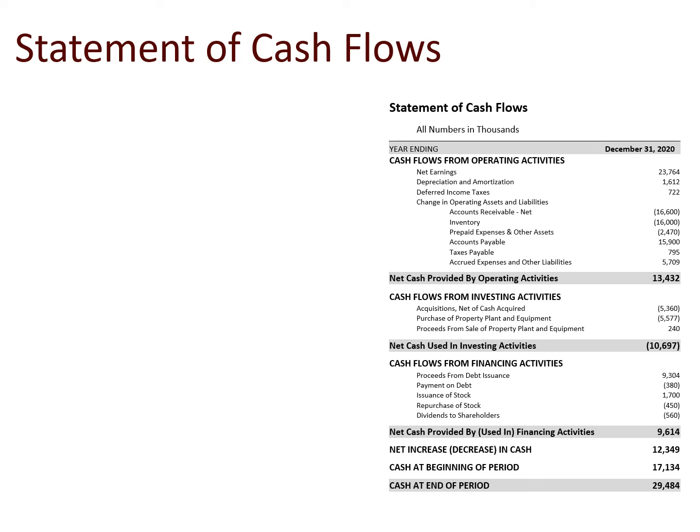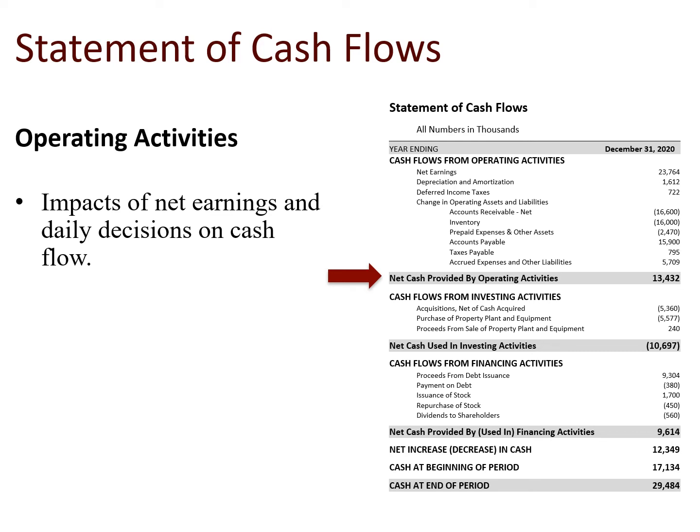So here is an example of a statement of cash flows. The first section is net cash provided by operating activities. Operating activities are the impacts of net earnings and daily decisions on cash flow.